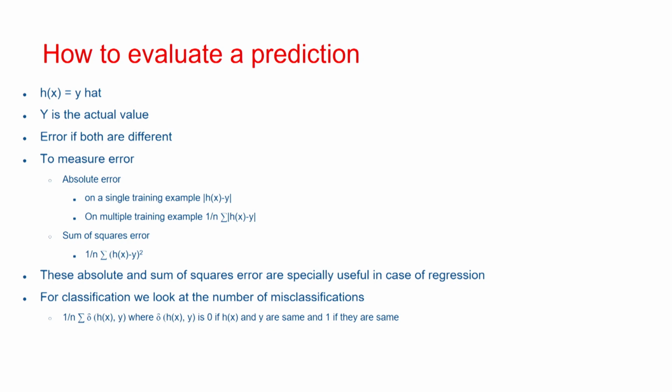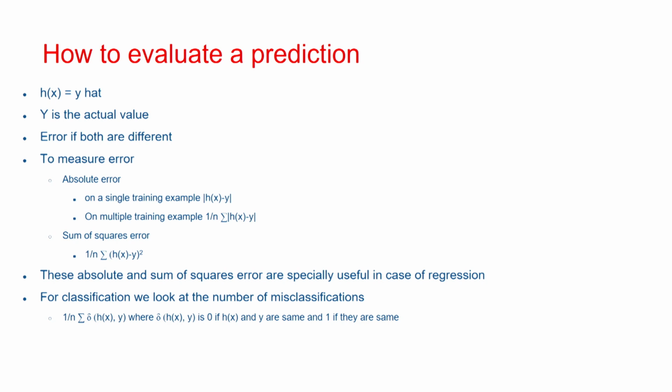When we take the mod of this difference, we get the absolute error for that particular instance x. In the same way, if we have multiple training examples, we find the mod of this difference for each training example and then take the average of this.